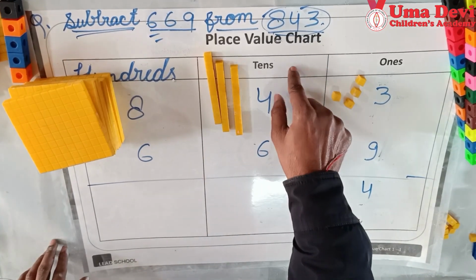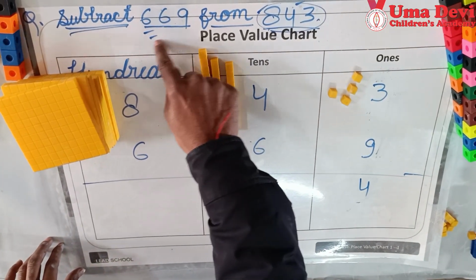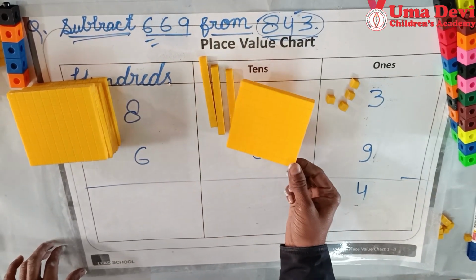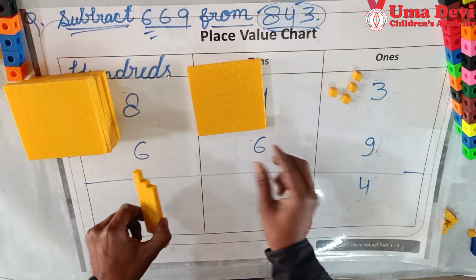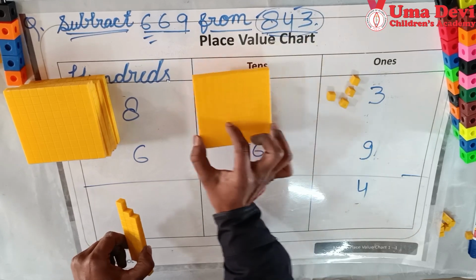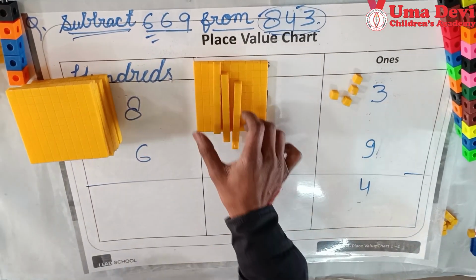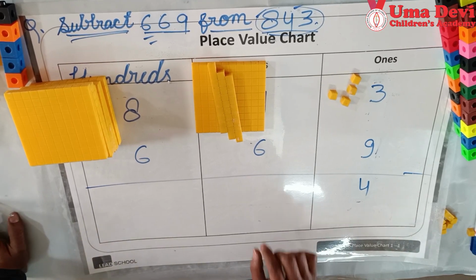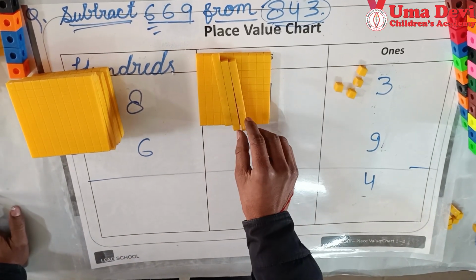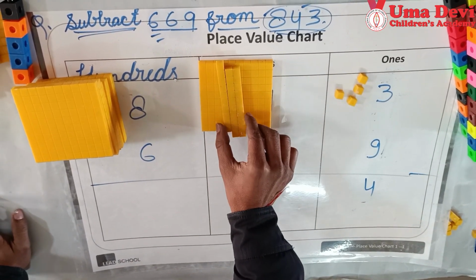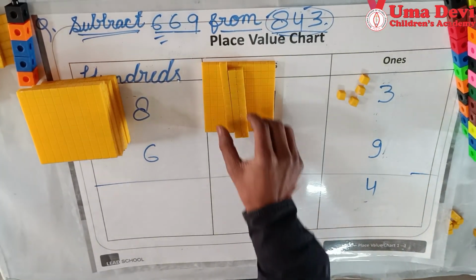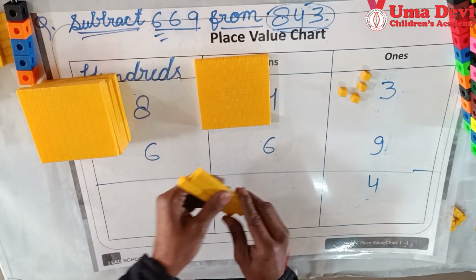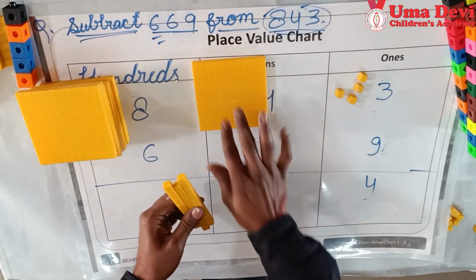This tens block will borrow from the hundreds. So this is a hundreds block and these are tens blocks. Can you tell how many tens blocks will make a 100 block? Means 10. So 10 is this and 3 are this.